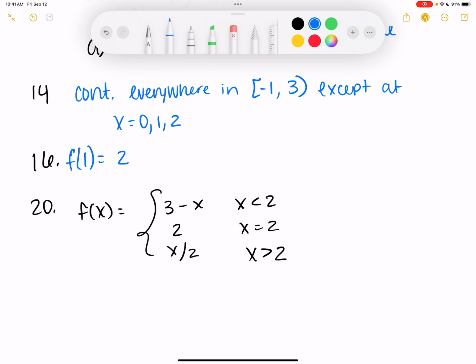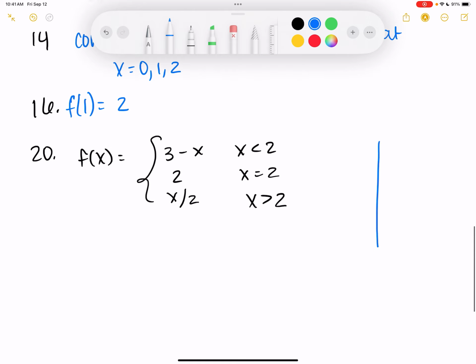If I were to graph what this looks like to the best of my ability, I'm going to essentially graph each piece of this piecewise function given the information that I have. So I'm going to start with when x is equal to 2, we know that it's 2. So I'm going to put a point there.